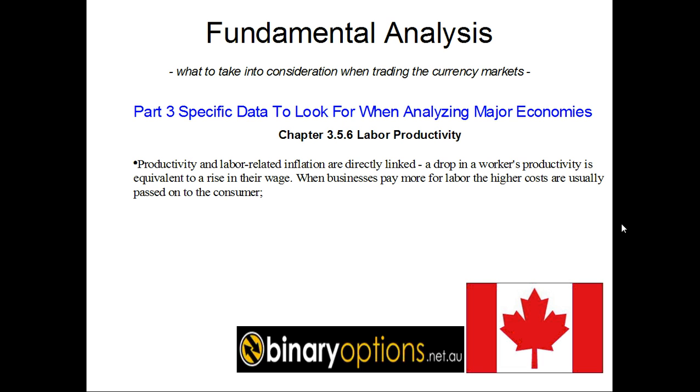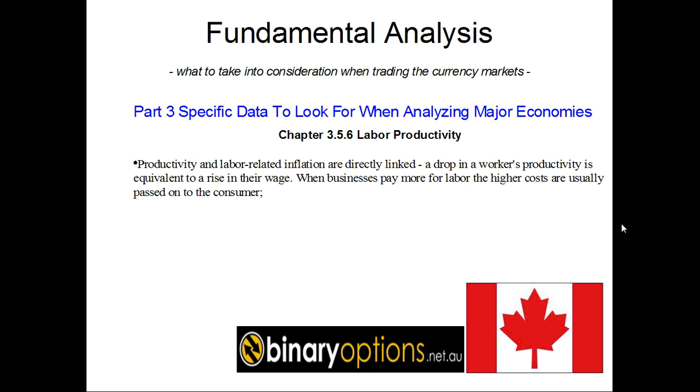Why does a trader care about labor productivity? Well, it's because productivity and labor-related inflation are directly linked. A drop in a worker's productivity is equivalent to a rise in their wages. So when businesses pay more for labor, the higher costs are usually passed on to the consumers.